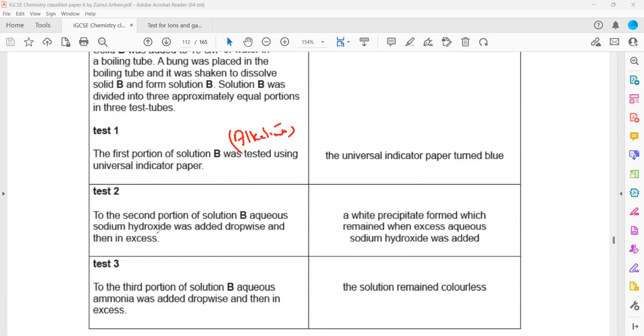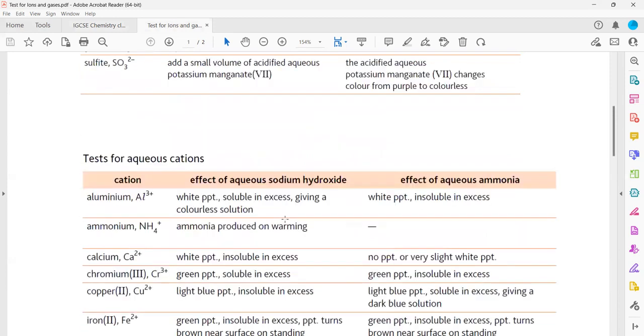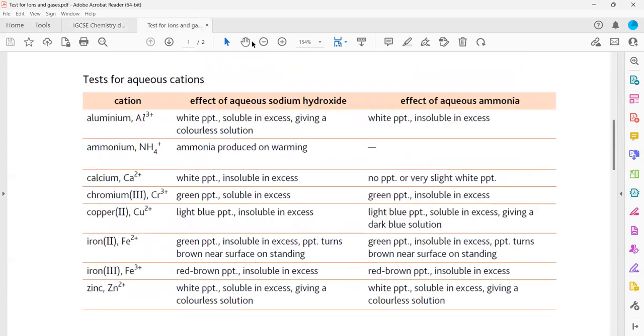Then to the second portion, sodium hydroxide was added until in excess, and a white precipitate formed which remains in excess. If it remains in excess, we have calcium, Ca2 plus. Which positive ion gives a white precipitate that remains? It cannot be aluminium, so it is calcium, because white PPT is there which is insoluble in excess.